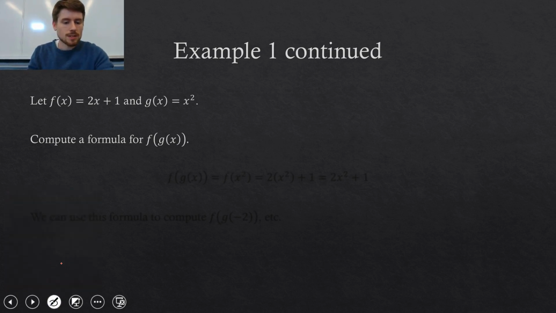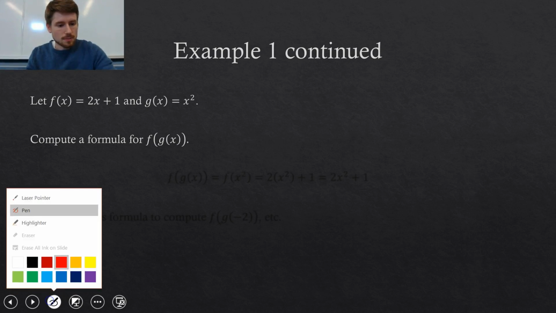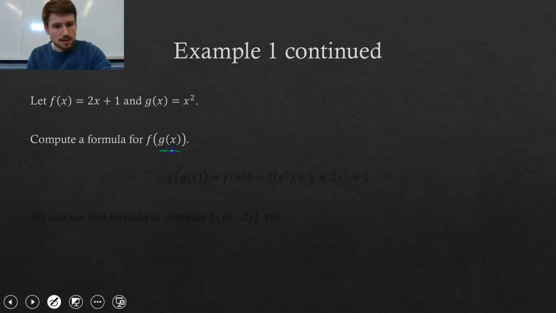Well, remember, we're using g of x for the inner one, in green, and red here for the outer one. Remember that g of x is x squared. So wherever we see g of x, we're going to put x squared in there.